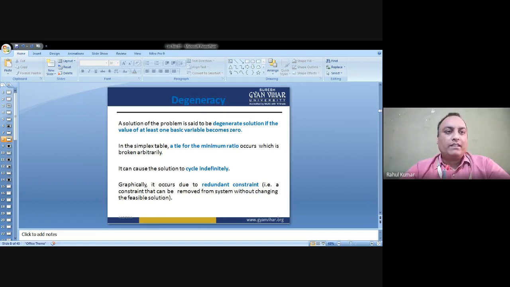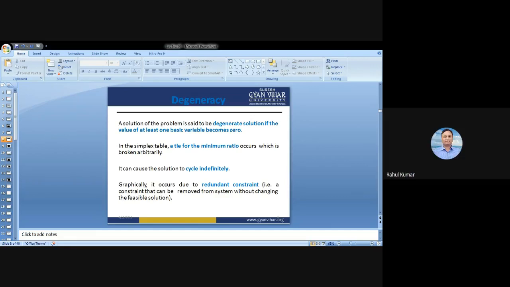For this basis, the existing variable is replaced by the entering variable, and all elements in the pivotal row, using elementary operations, are changed such that the coefficient in the pivotal column in that row becomes 0.